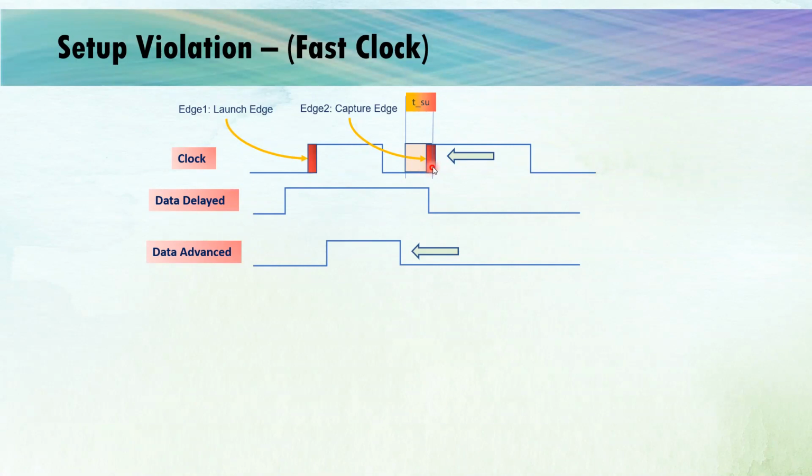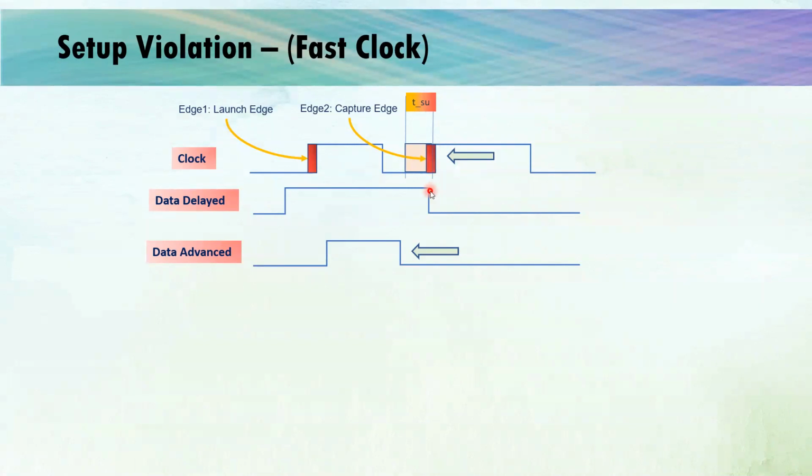The same data, which was previously meeting the timing requirement, would have had fine setup analysis if the clock edge had come at the same time as it was coming previously.